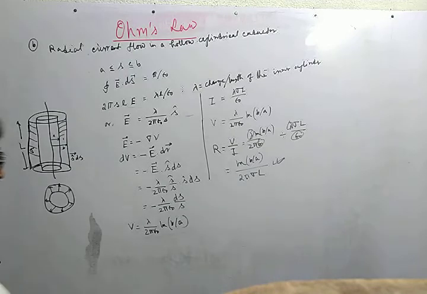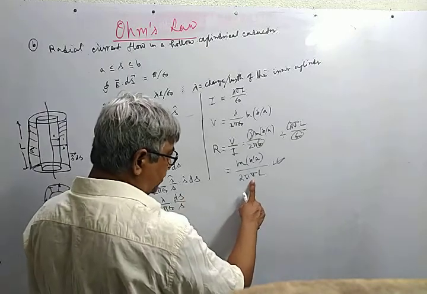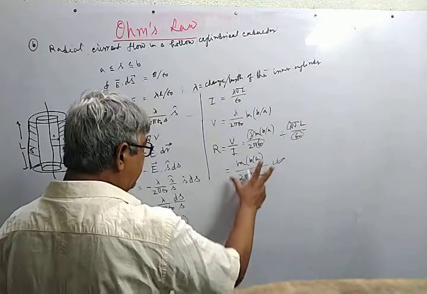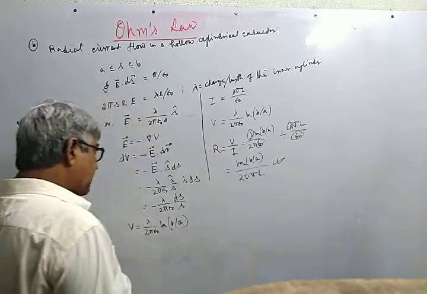You see that the resistance is inversely proportional to the conductivity and depends on the geometry of the conductor.